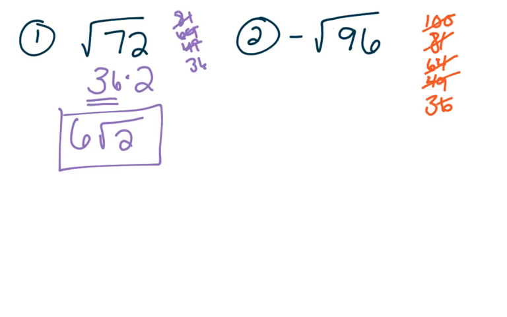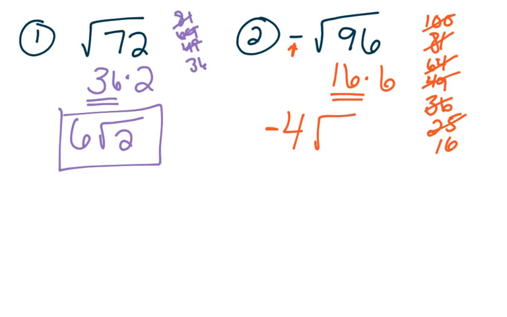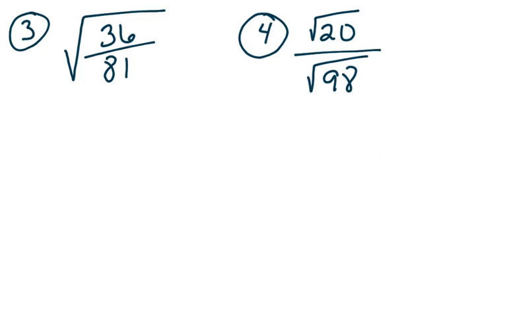I'm just checking on my calculator. After 36, 25 we know doesn't go in there. Then 16. Oh, 16 works. It'd be 16 times 6. The square root of 16 is 4, and that comes out. Please don't forget this negative sign that was right there, so you have a negative 4, and the 6 stays underneath. So negative 4 square root of 6.